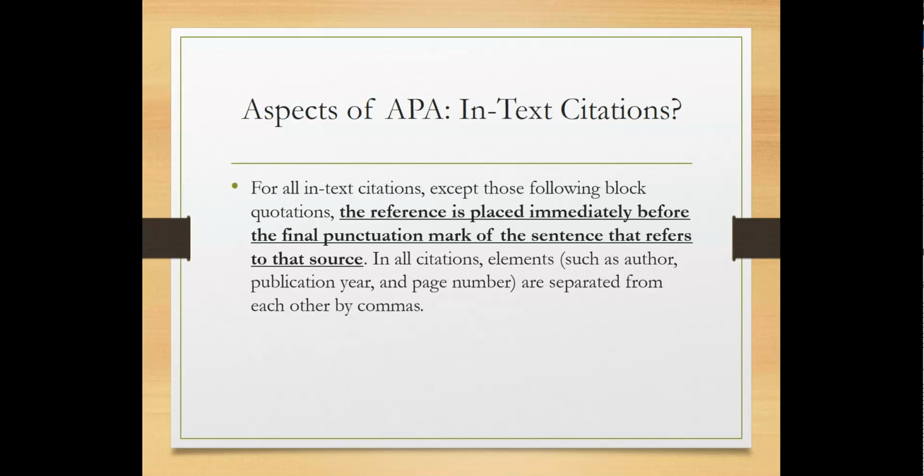For all citations except for those that are following block quotations, the reference is going to be placed immediately before the final punctuation mark of the sentence that refers to that source. So what I mean by this, let's say you start out your sentence with an introductory phrase, you transition into a direct quote with the quotation marks around it to distinguish it's a direct quote, and then you get to the very end of the quote.